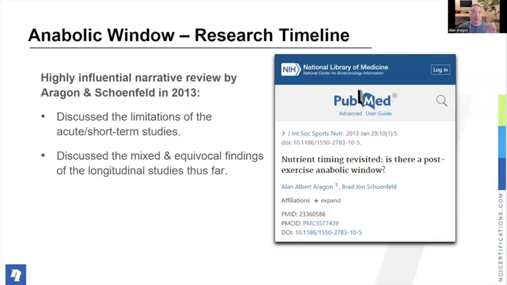In other words, consuming protein and/or carbohydrates in the post-exercise anabolic window did not seem to show a consistent advantage in resistance trainees in studies that were carried out beyond the short term.